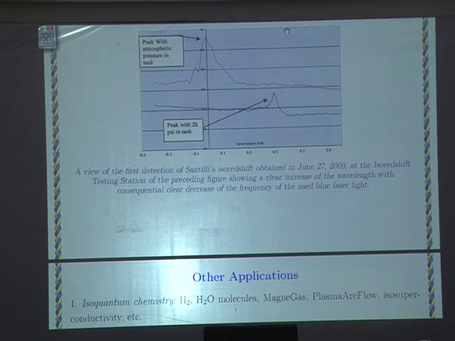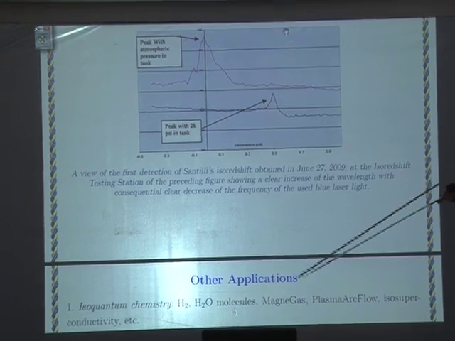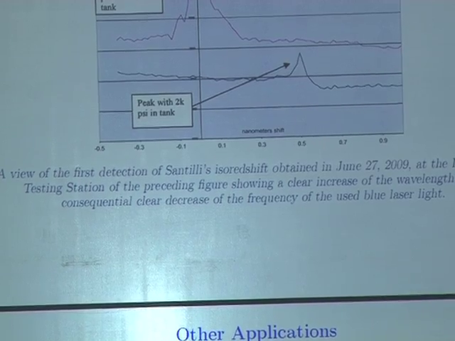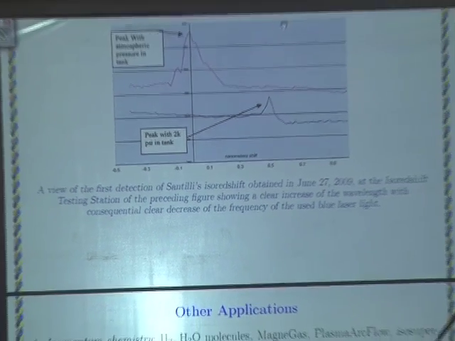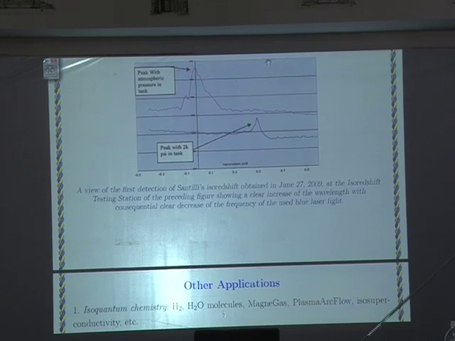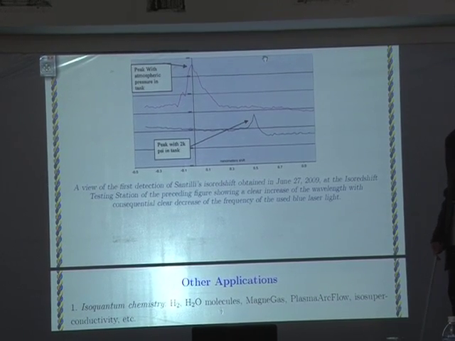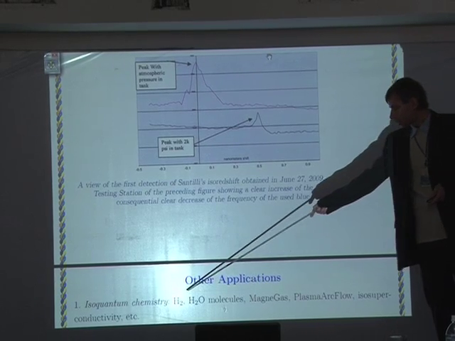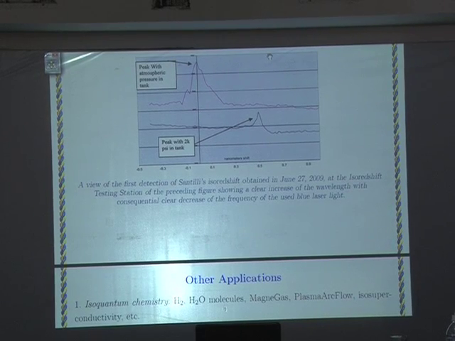And to finish my presentation, I would like to speak about other applications of hadronic mechanics which are reviewed in this book. For example, we have very big applications in quantum chemistry. And for example, corrections for the energy of H2 molecule, water molecule, and also different studies of magnegas technology.